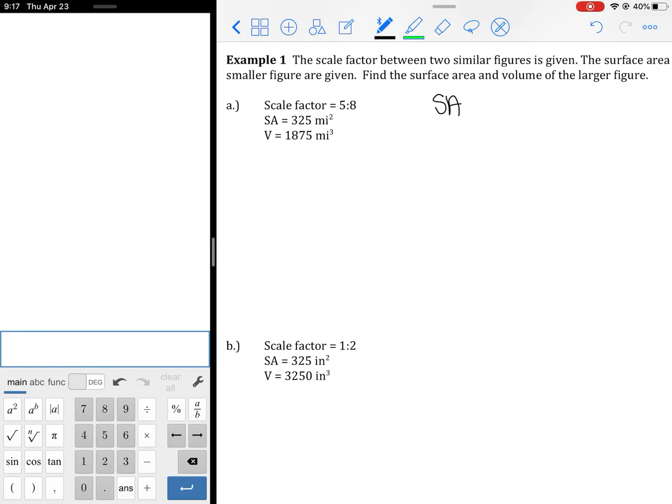Since surface area is in 2 dimensions, I'm going to take my scale factor and square it before I start working. So my surface areas should be related as my scale factor squared. So only the scale factor is the thing that gets squared.